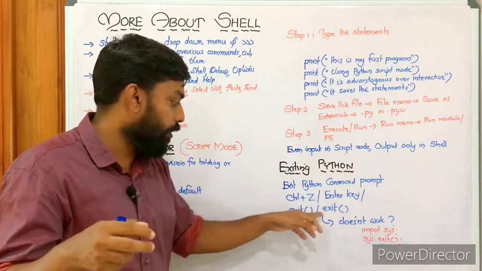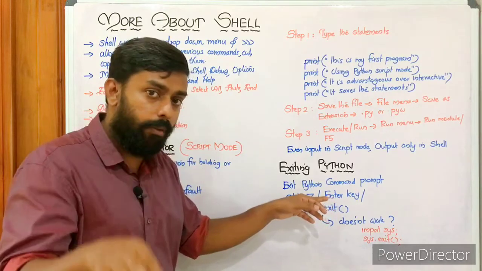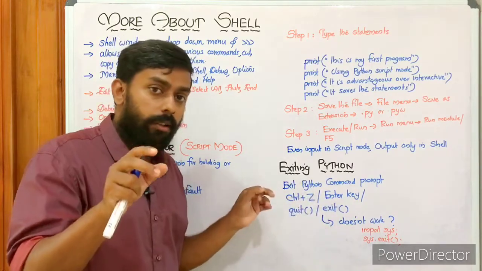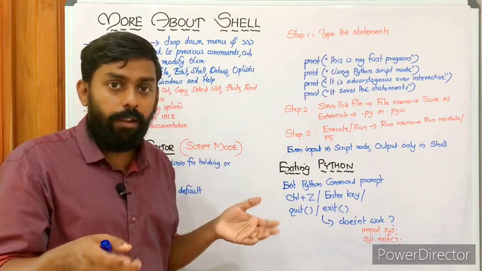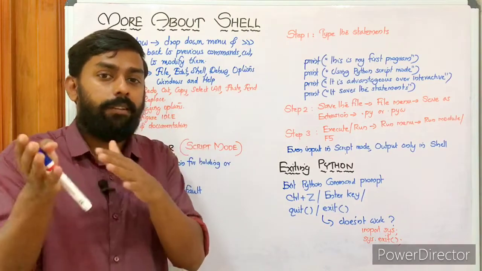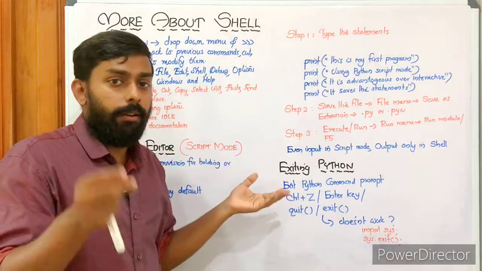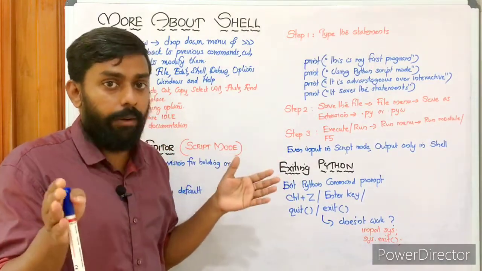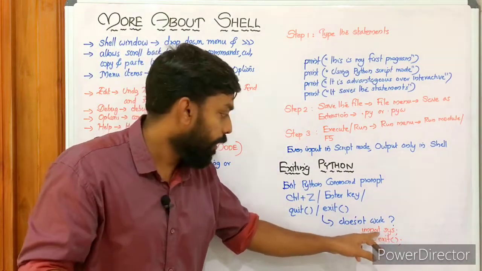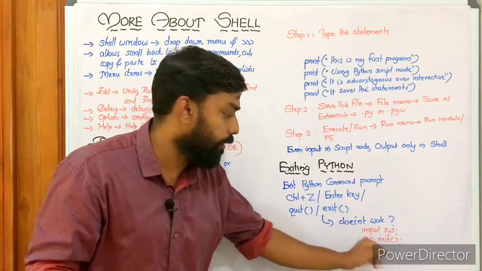Then we have two functions, quit and exit. You can just type the quit function or exit function, and you will exit out of Python mode or the Python IDLE. And if it is not working properly, you can make use of this: import sys, sys.exit.